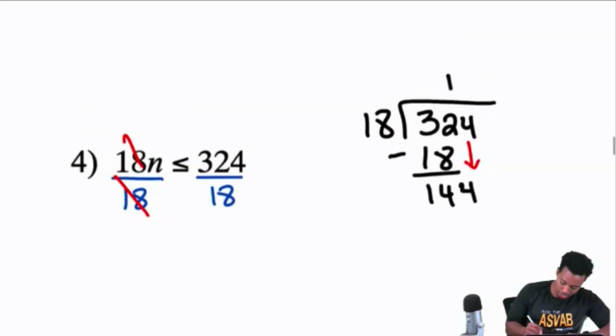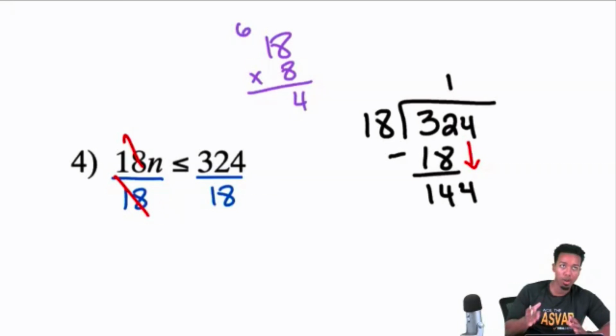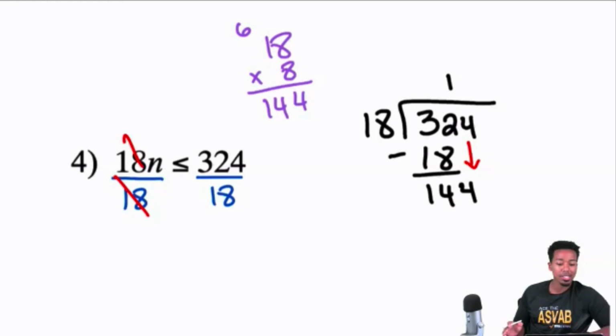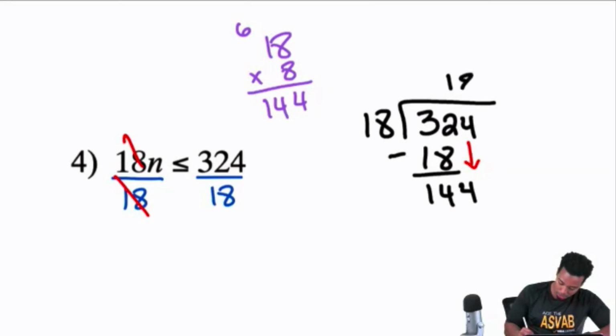If we used 8, 18 times 8, let's try it out. 8 times 8, 64. 1 times 8 is 8, plus 6, 14. Okay, so 8 will work. I will do a class and show you how this can be a lot faster. But long story short, the answer will be 18 in this problem. So n is less than or equal to 18, which is weird, but cool.